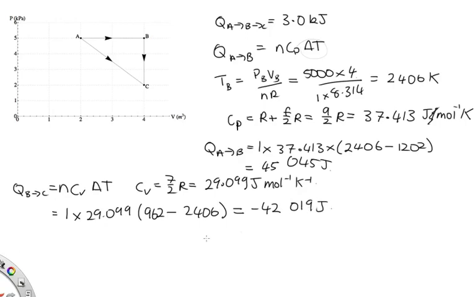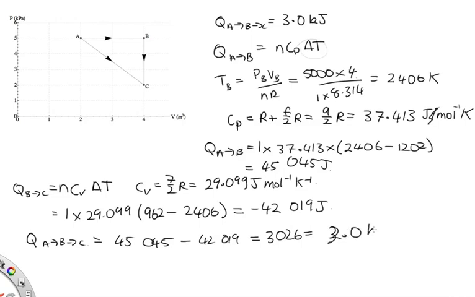Substituting in, we end up with minus 42,019 joules. Okay, so Q from A to B to C, we just need to add these two. So this is the 45,000 minus the 42,000. You can see that's going to give us 3,026, which to two significant figures is 3.0 kilojoules.